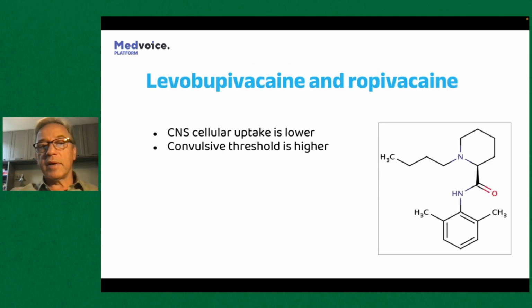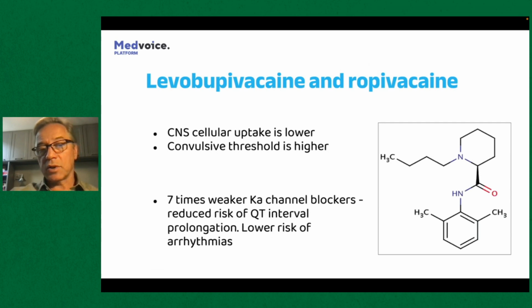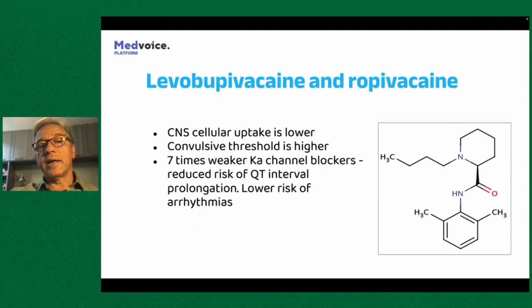So levobupivacaine and ropivacaine, their CNS cellular uptake is lower, the convulsive threshold is a lot higher, and they're 7 times weaker potassium channel blockers with reduced risk of QT interval prolongation and hence lower risk of arrhythmias. So all these newer drugs, levobupivacaine and ropivacaine, are safer than their parent drug, bupivacaine.